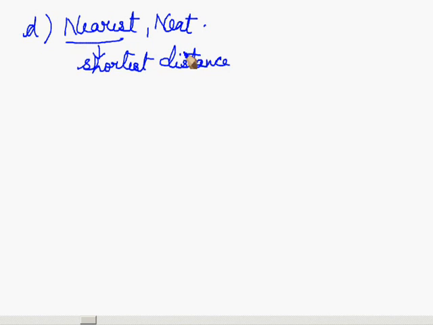Next refers to one of a sequence of things coming one after the other. For example, my uncle lives in the next house. And one example for nearest, I say, where is the nearest phone box? Or Mumbai is the seaport nearest to Europe.